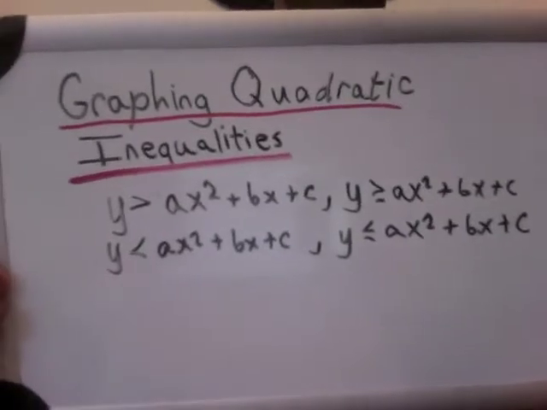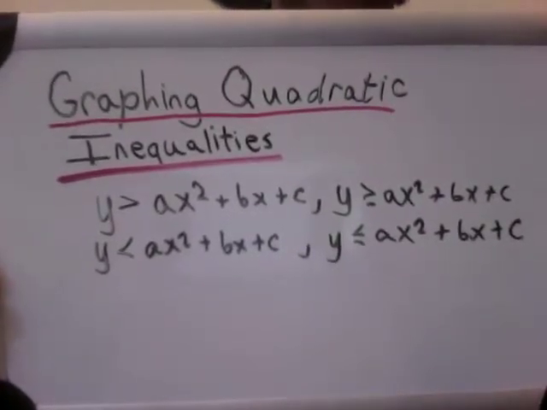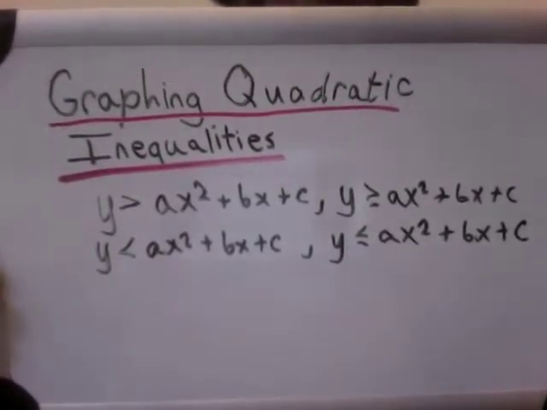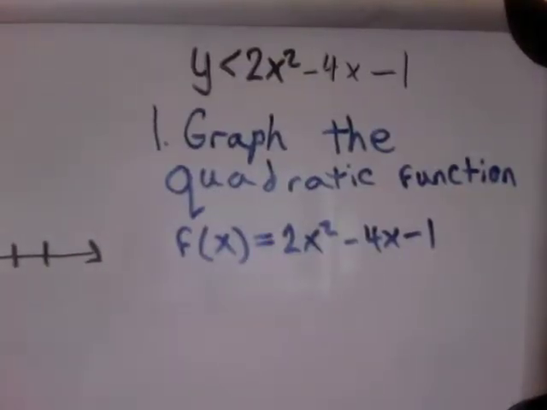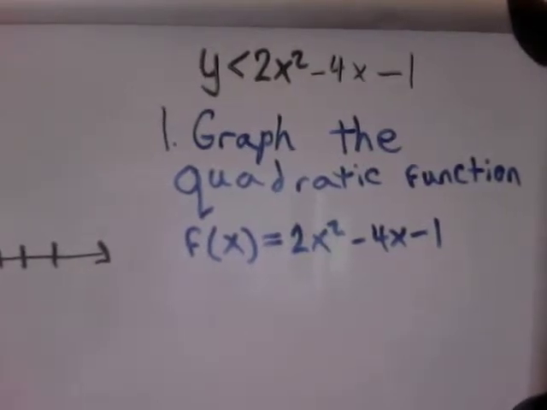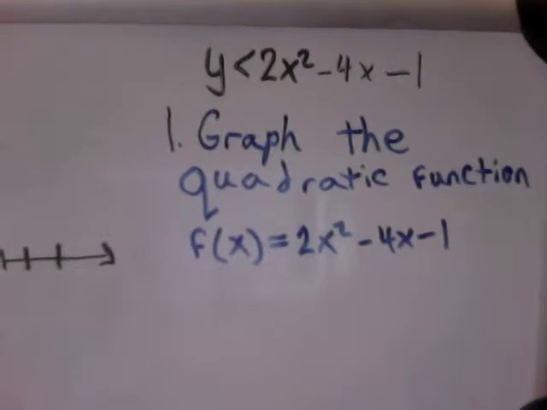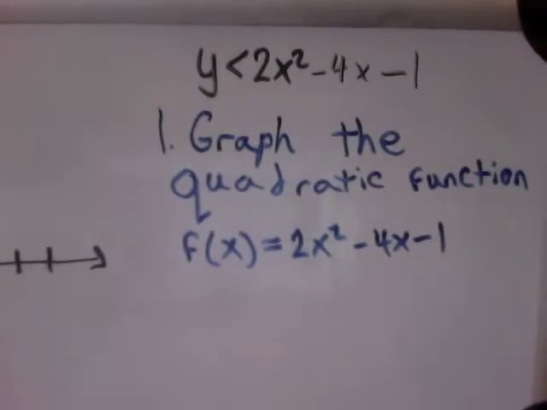So far, we've reviewed graphing quadratic functions as well as graphing linear inequalities. Now we will combine these ideas to figure out how to graph quadratic inequalities. Just as graphing linear inequalities, the first step to graphing a quadratic inequality is to graph the quadratic function. In this case, f of x equals 2x squared minus 4x minus 1.